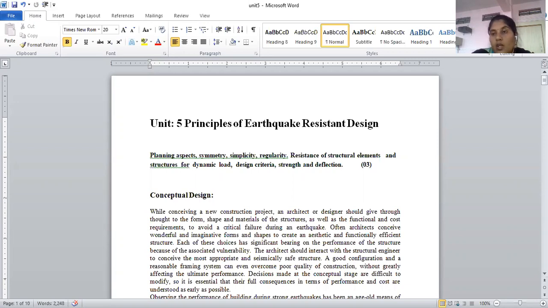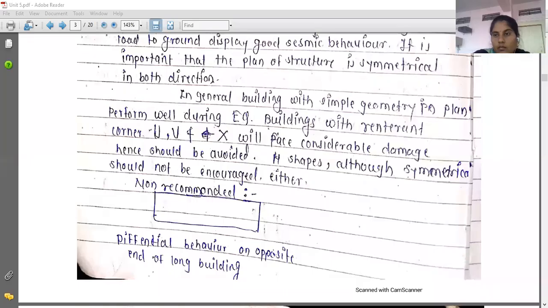It is elongated, having more length and less width.